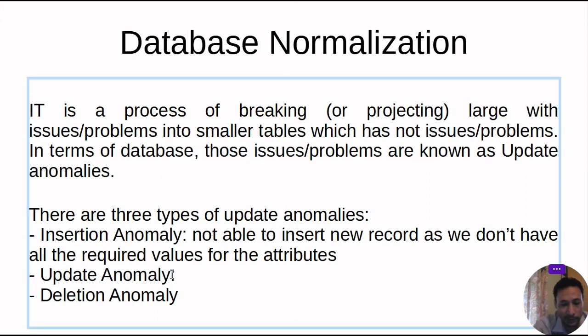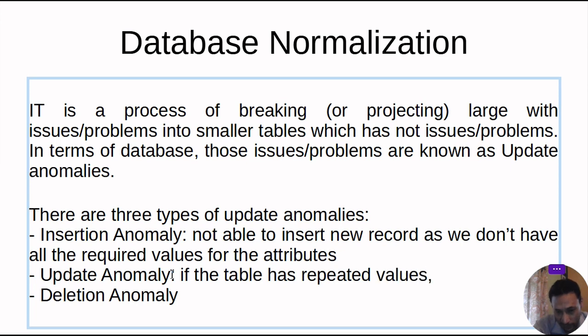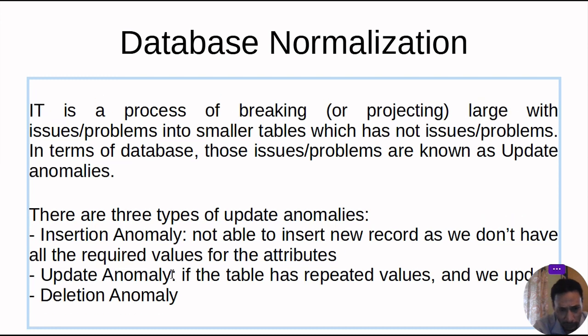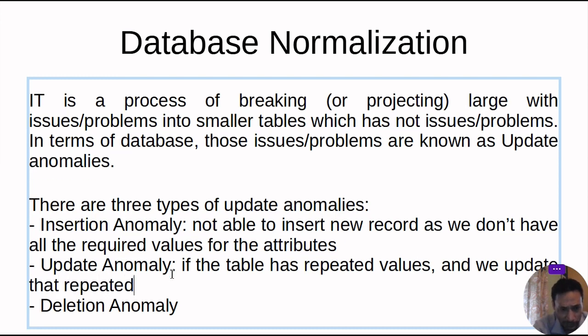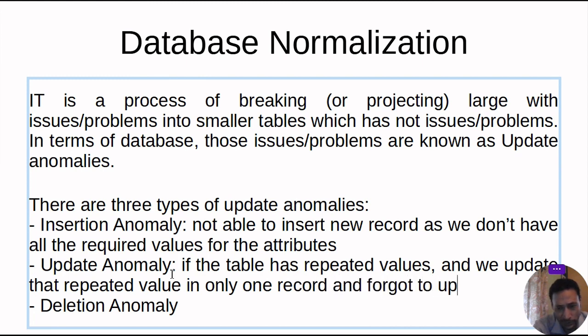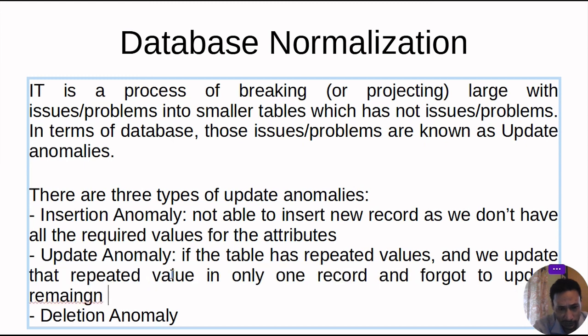Update anomaly: if the table has repeated values, and we update that repeated value in only one record and forgot to update remaining records, then the value of that attribute will become inconsistent in the database.